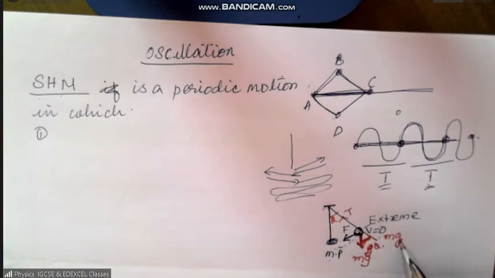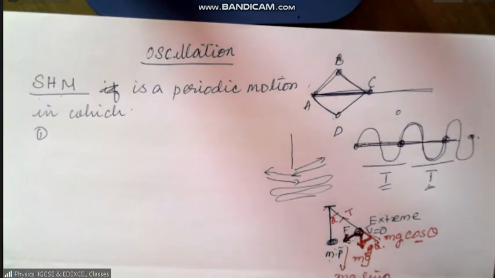If this is theta, what component is this? Tell me. I want to resolve one like this and one perpendicular. So what will be this component? Cos or sine? Mg cos. Why? Because this is theta, so the side touching theta will always be cos. And this one will be mg sine theta.